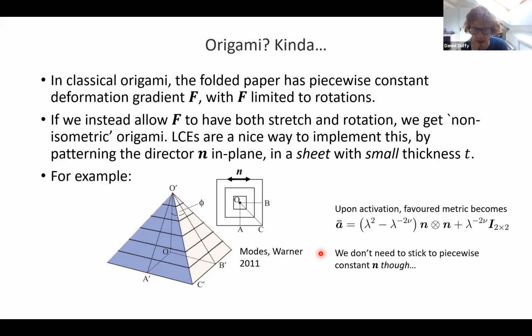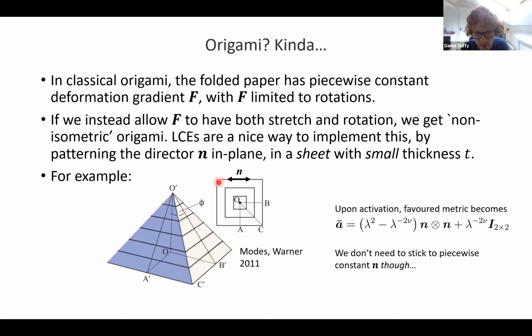So what you can do is take a block of LCE and make it very, very thin in one dimension. So you have a very small thickness, which we call t, and you put a director pattern in plane, and then you activate it. And in general, you will then be doing something non-isometric to the plane. There's an example here from Modes and Warner from 2011.